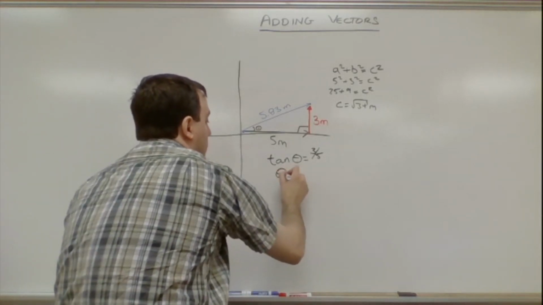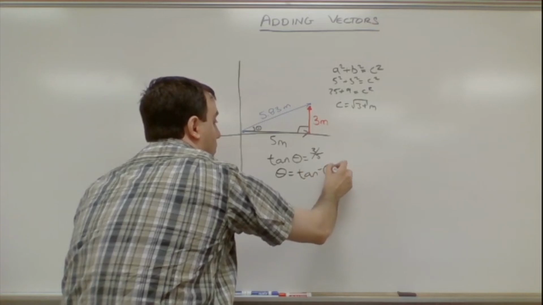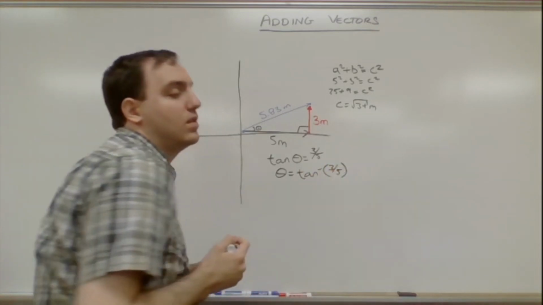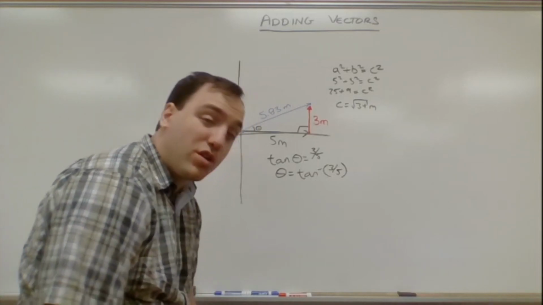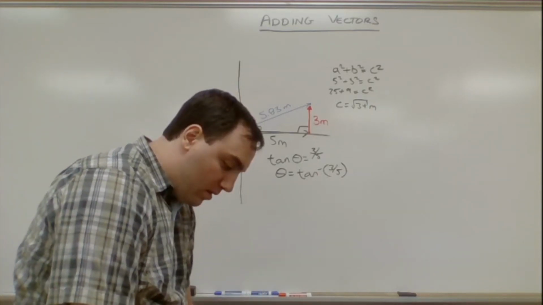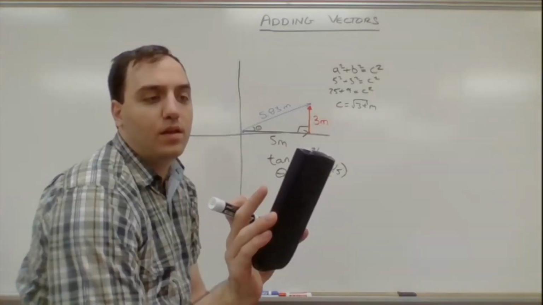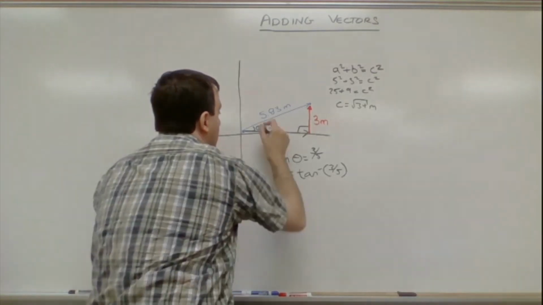Or in other words, tan inverse of 3/5 equals this angle. Plug that in your calculator. Make sure you're in degrees for now. We'll talk about other modes later. 30.96 degrees.